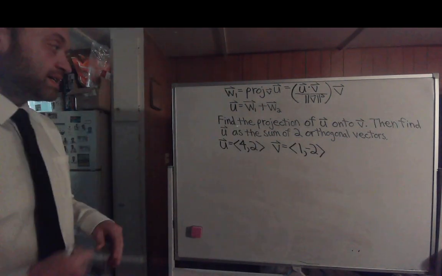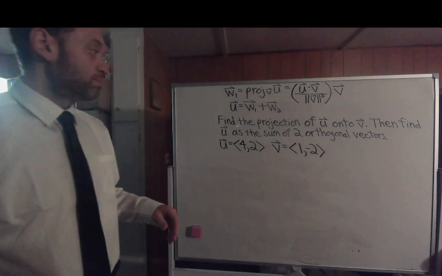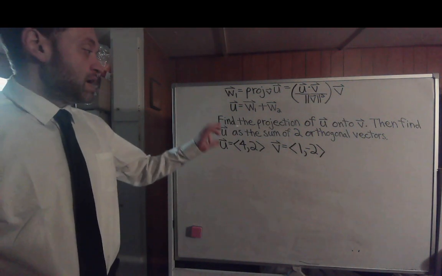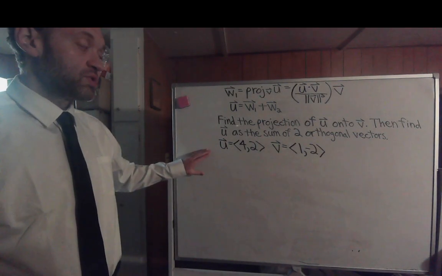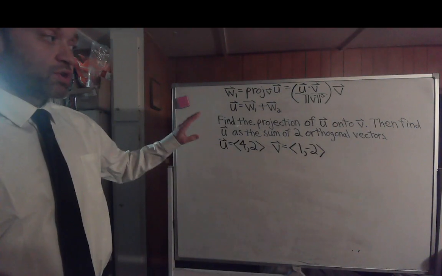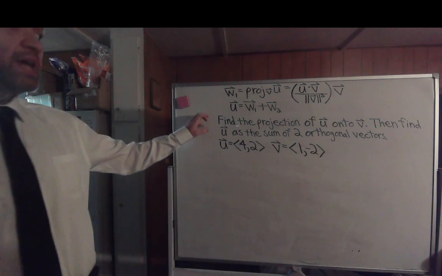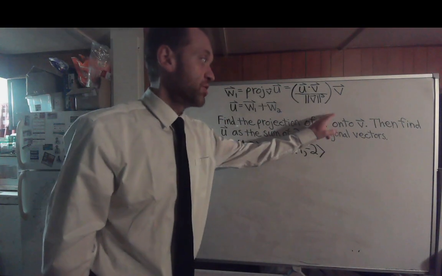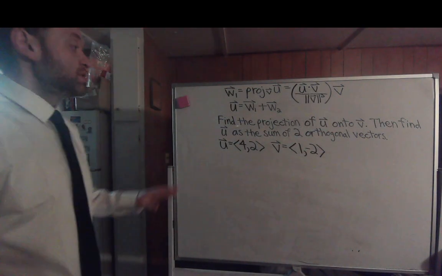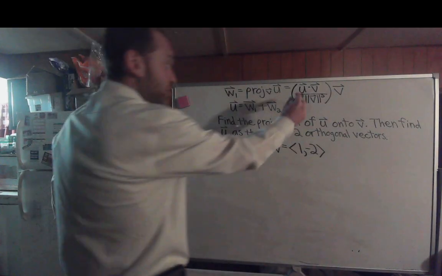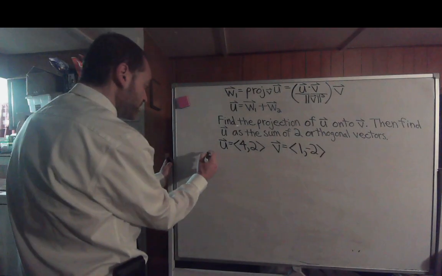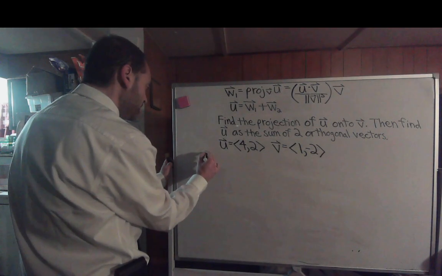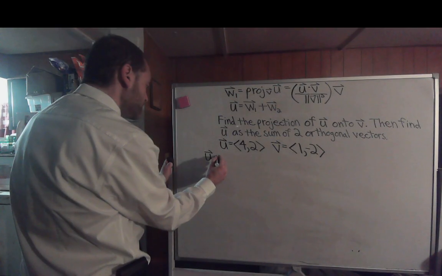So the idea is, again, we're going to find vector u as the sum of two orthogonal vectors, but in order to do that, one piece of this is we have to find the projection of vector u onto v. So let's start working on the projection. We need to first start by taking the dot product of vectors u and v. So let's go ahead and do that.